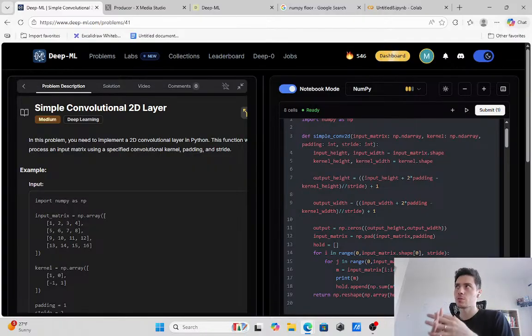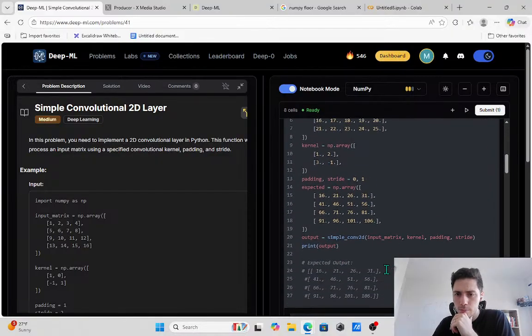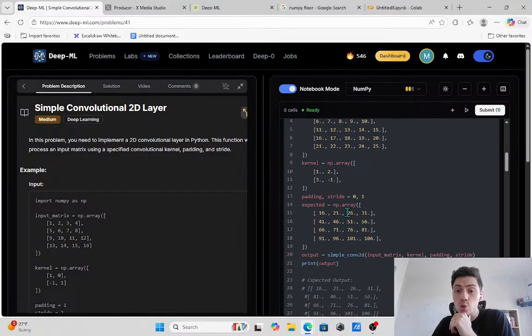So we need the stride to go down as well. I guess what happens, so then we're in this case scenario. We're at 2. What is the kernel size? I think the kernel size is 2. Oh, stride is 1. I don't think that makes a difference, but it sort of does.